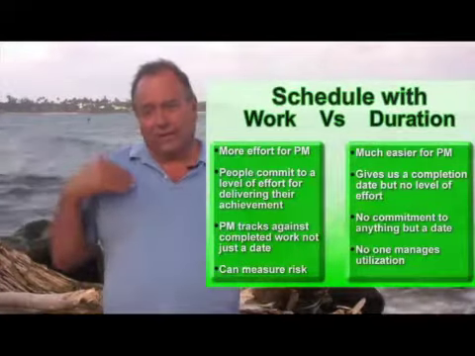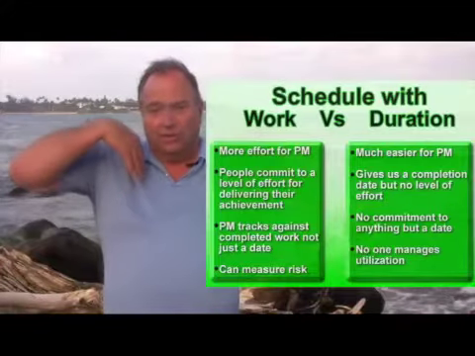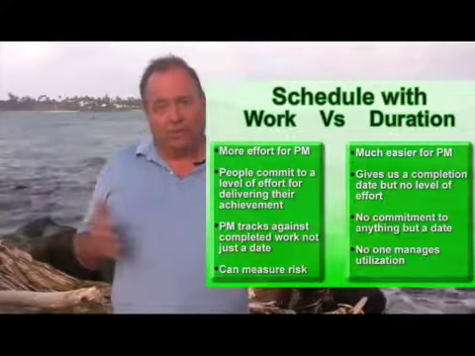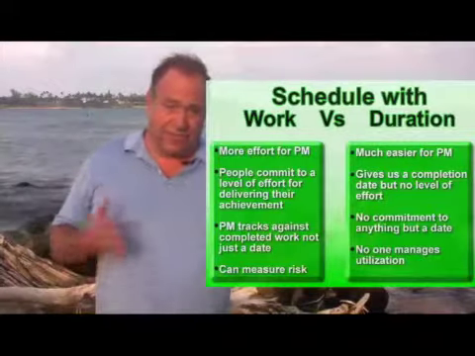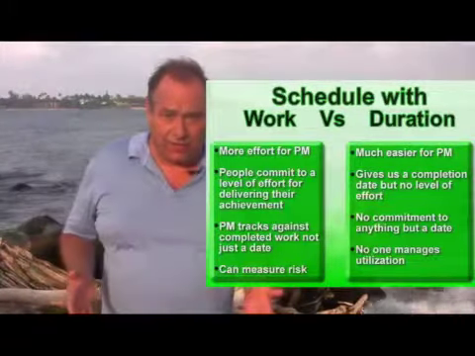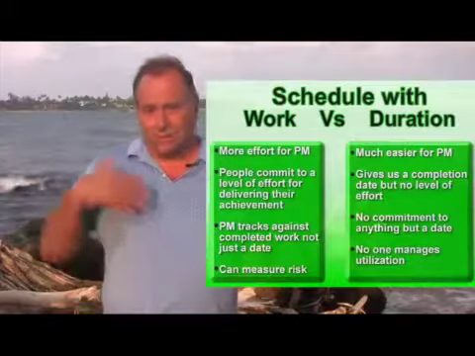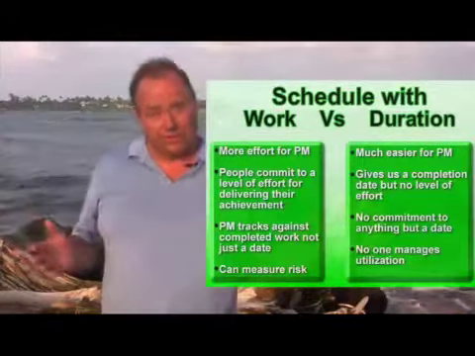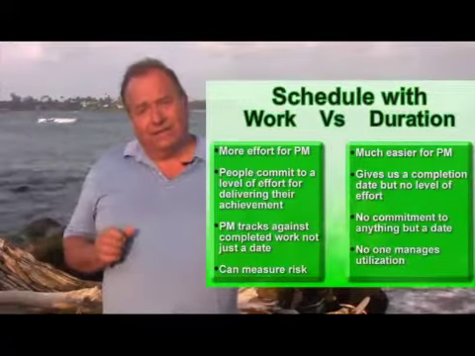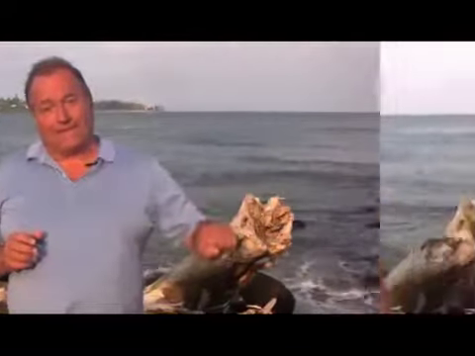So getting your whole project manager group converted to estimating work is an early first step that you have to accomplish. Every professional firm in the world estimates work for their projects because they have no other way to control things. So we have to have the estimating be work-based.